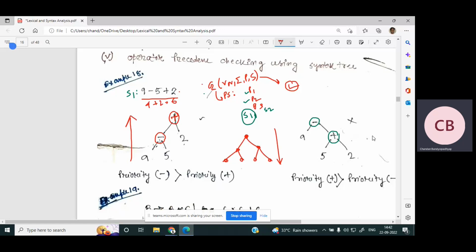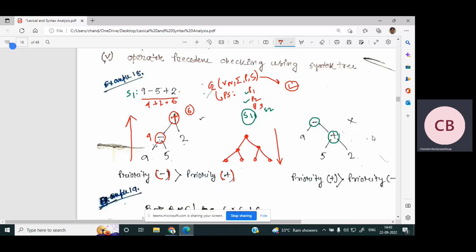In this way I can calculate how many nodes there are, so a top down approach needs to be followed. When evaluating the value of a tree, we need to follow the bottom up evaluation. Here the priority of minus is greater than the priority of plus, because I need to evaluate 9 minus 5 first. So 9 minus 5 means 4. Here 4 plus 2 means 6. It is giving 6.